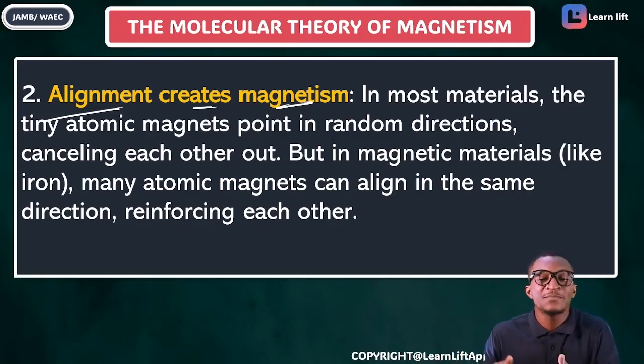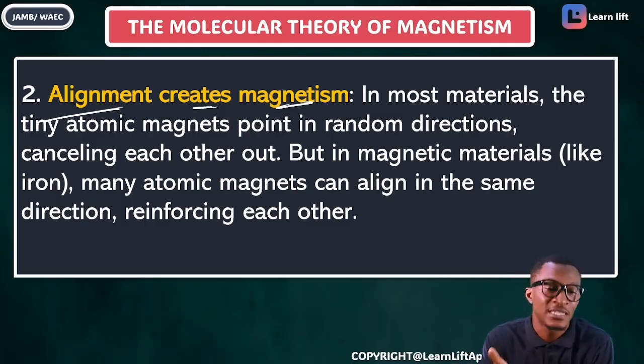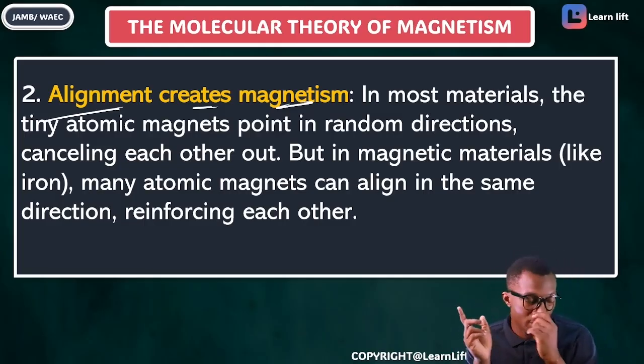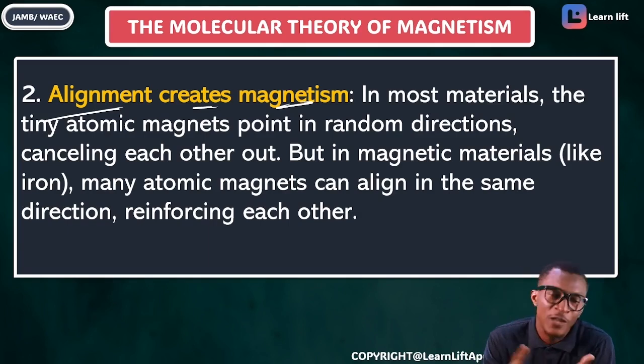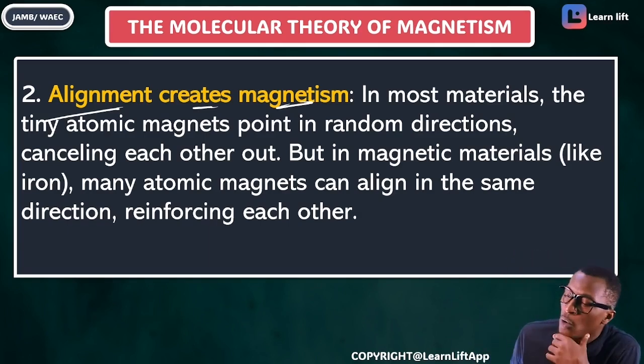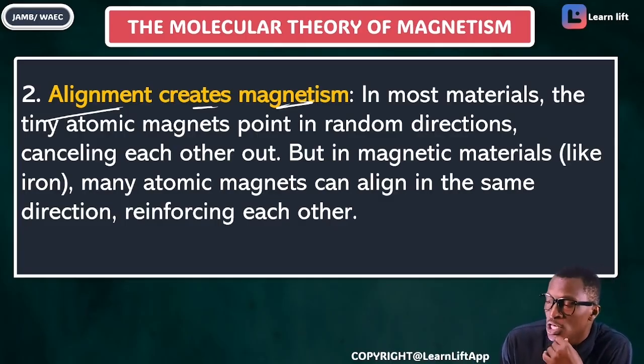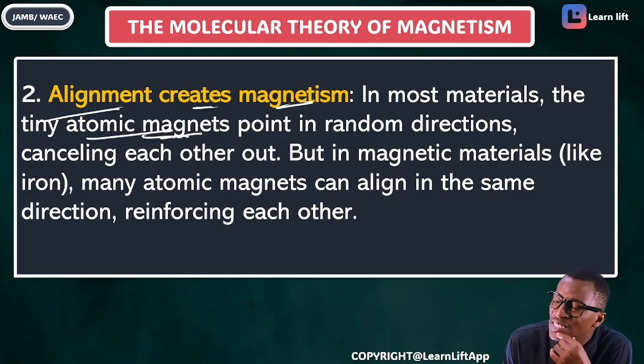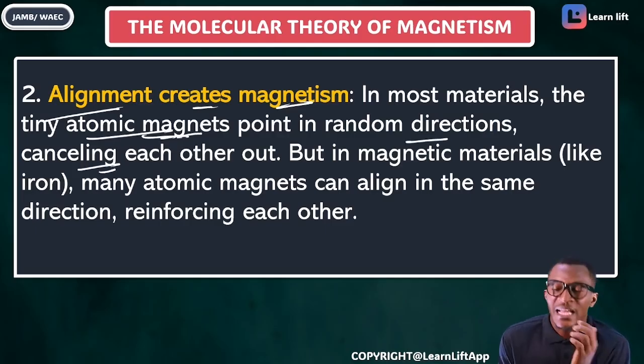Despite having atomic structure, what is it that you possess that makes you attractive? Number one is having atomic structure. Number two, this atomic structure must tend to align. That is what we call alignment creates magnetism. In most materials, the tiny atomic magnets point in random directions, cancelling each other.